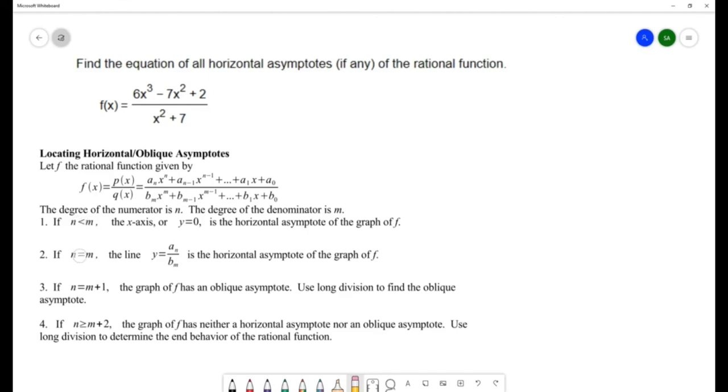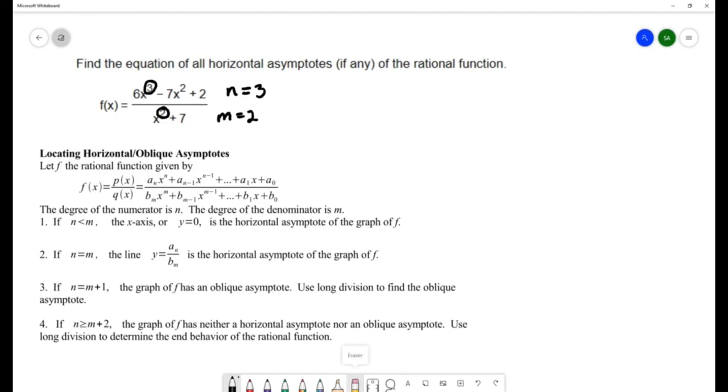Looking at our function, the highest power on x from the numerator is 3, so n is 3. The highest power on x from the denominator is 2, so m is 2.